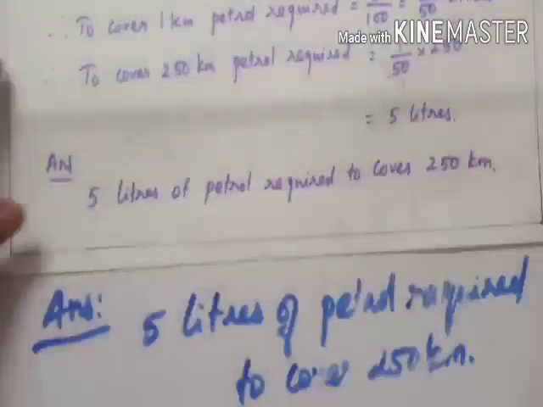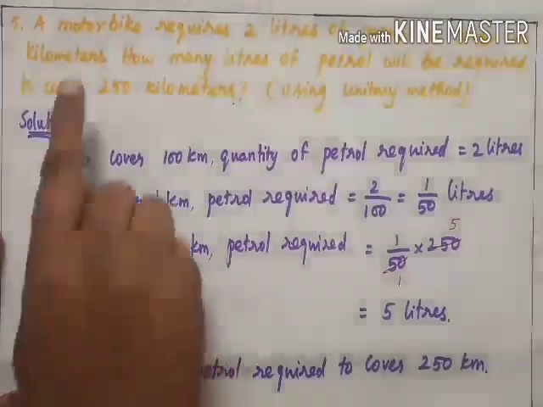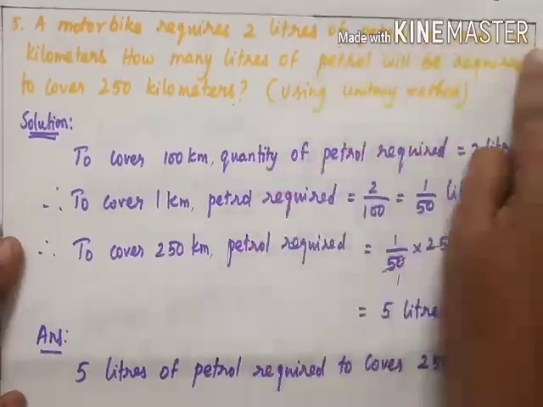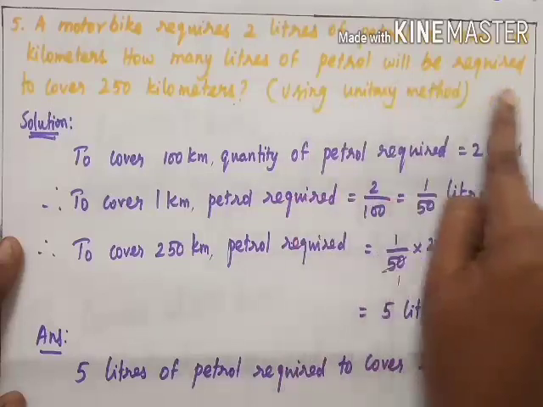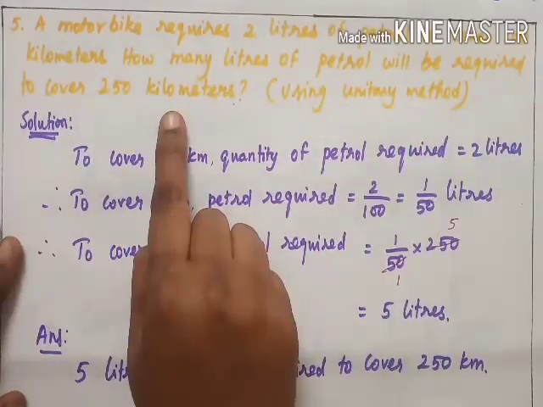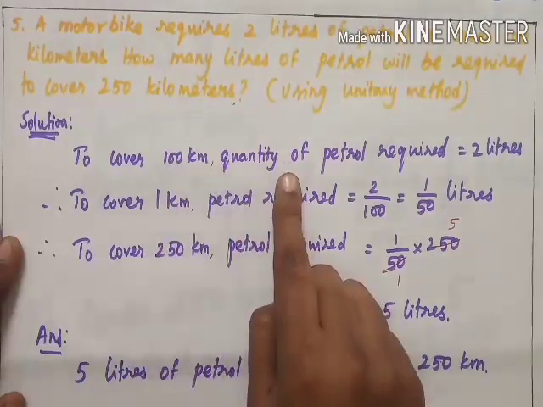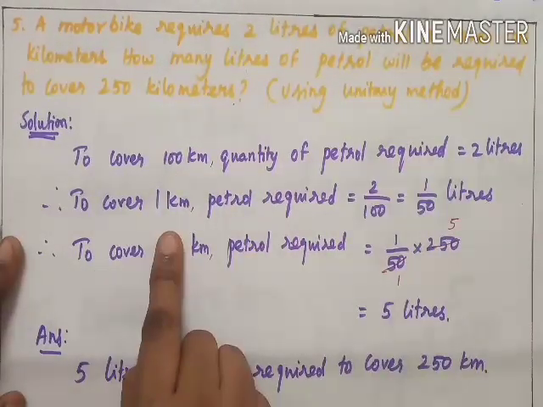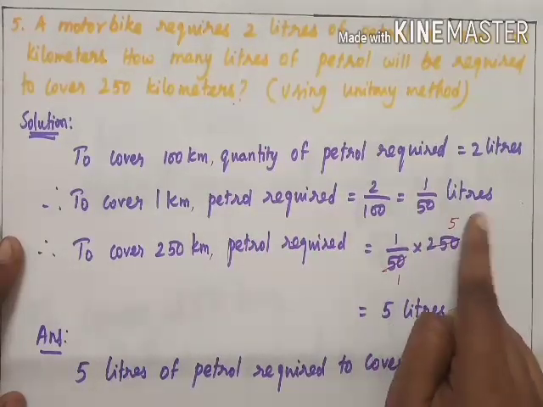Again, I will explain to you here with the question. Listen to me. A motorbike requires 2 liters of petrol to cover 100 kilometers. How many liters of petrol will be required to cover 250 kilometers? To cover 100 kilometers, quantity of petrol required is 2 liters. Therefore, to cover 1 kilometer, 2 by 100, that is 1 by 50 liters.